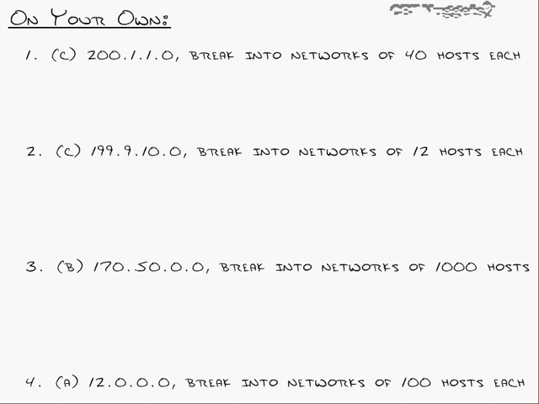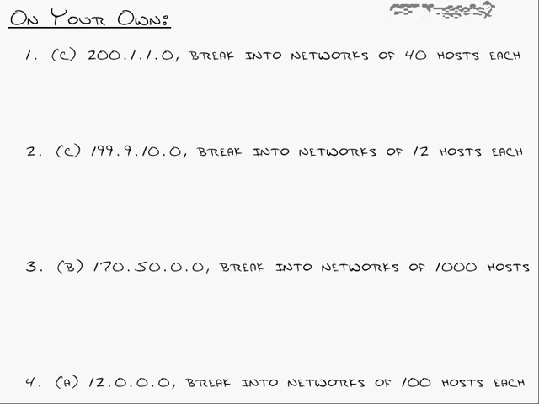At this point, you should be getting a little better feel for how this subnetting works. As I did in the previous video, I have an on your own section. It's essentially homework to work through 4 different examples of this, this time breaking into networks based on host requirements rather than network requirements.